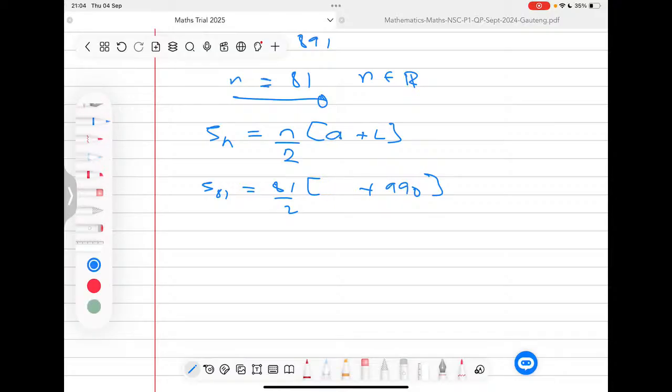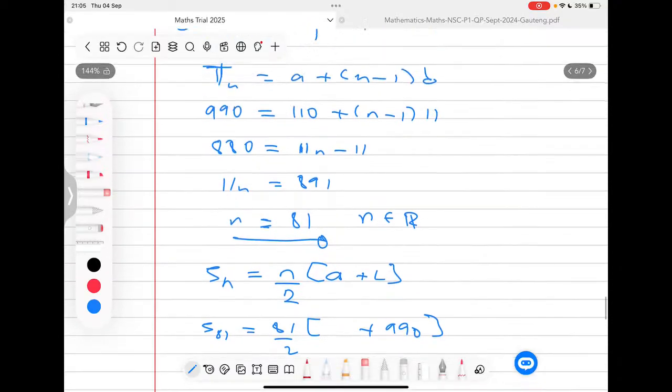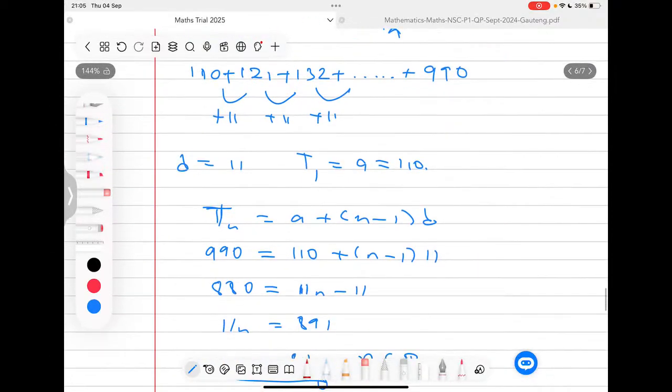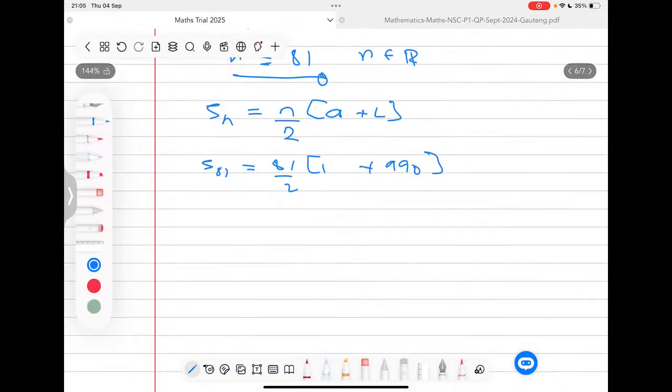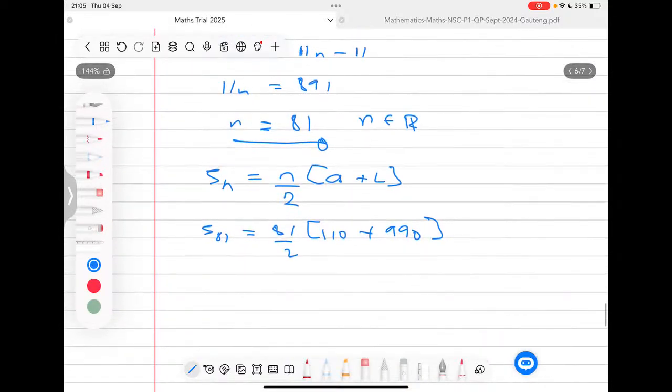You should get an a here, right? So on our formula, this is the first term a. So if I put an a here, it means I'm going to put the first term, which is 110. So the first term here is 110. So this is not n, it's 110.